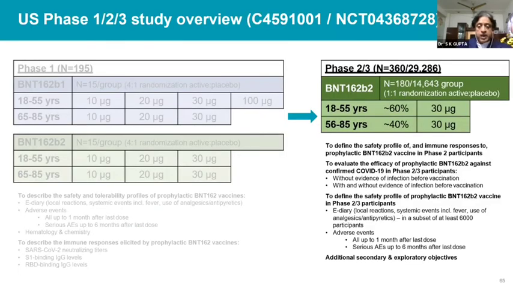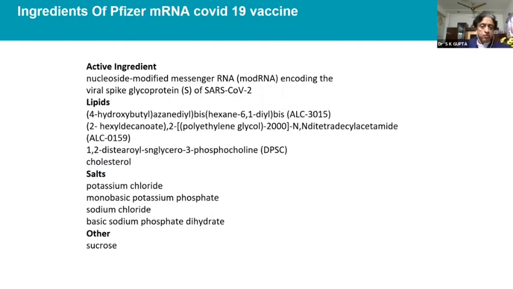And this is the phase 3 trial data. Now this is the active ingredient. They have the modified mRNA, cholesterol, potassium chloride, potassium biphosphate, sodium chloride, sucrose, and other things. These are the components of the vaccine.